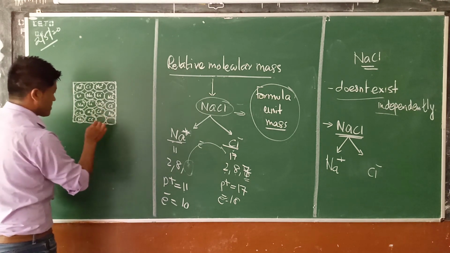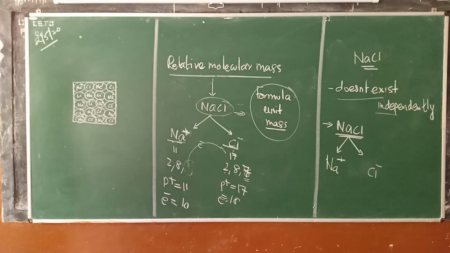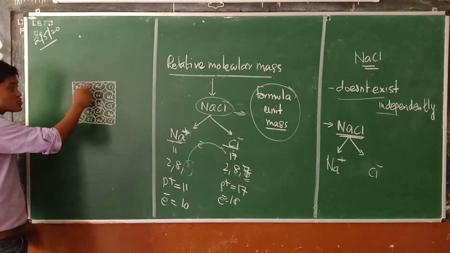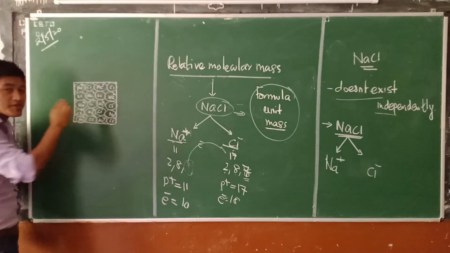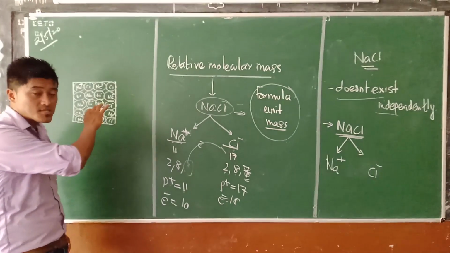Okay, have a look. Now you can see this is positive, negative, and between these two, positive and negative, there are some kinds of attractive forces. Is that clear? There are some kinds of attractive forces.